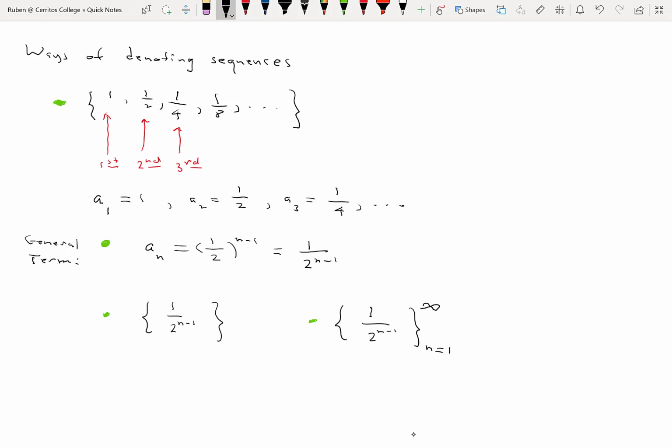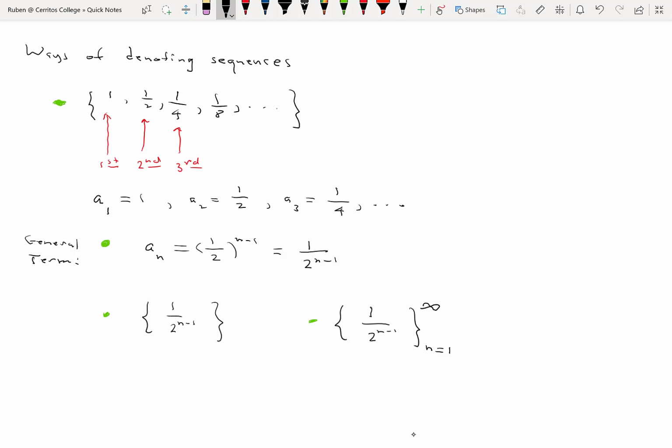So if I wanted the general term to start, let's say in the fourth order of pizza at the 1/8, then I would need to state that n started at 4, because 4 minus 1 would be 3, and 1/2 to the third would be 1/8. So the last way of denoting sequences is arguably the best, because it tells us where to start the sequence. Since sequences always involve an infinite list, the writing of the infinity in the superscript in that last notation seems kind of silly, because it's always infinity.